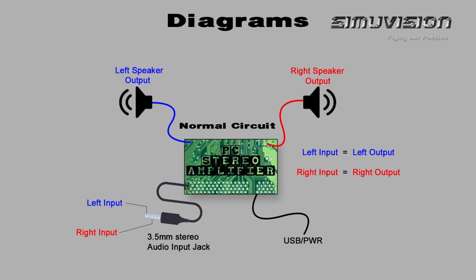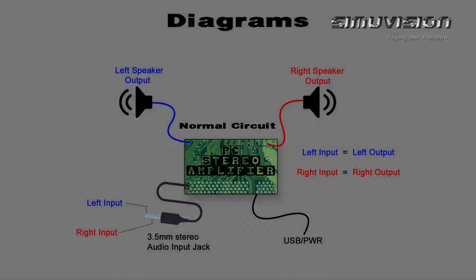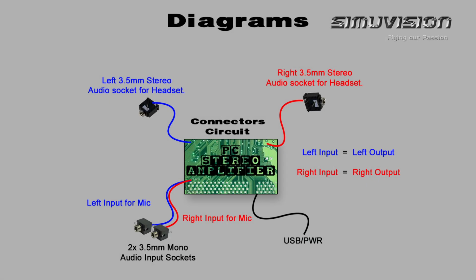So left input is equal to the left output and the right input is equal to the right output. Simple as that. So we took the speakers out and the jack out and put a stereo socket for the headsets and the mono sockets for audio input for the microphones.